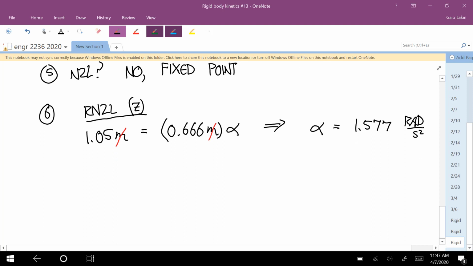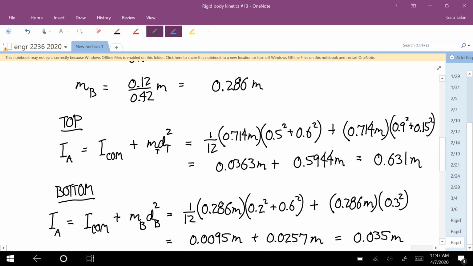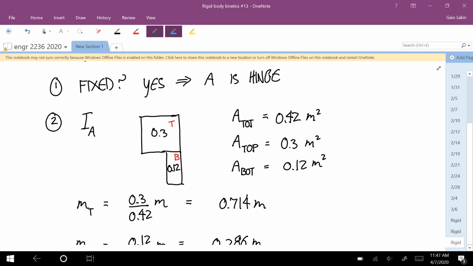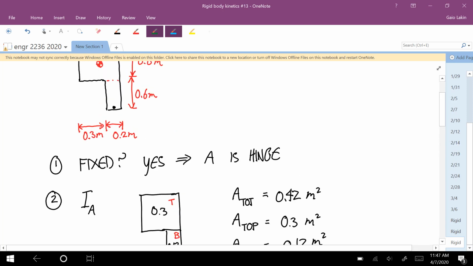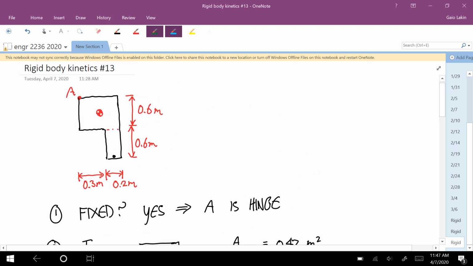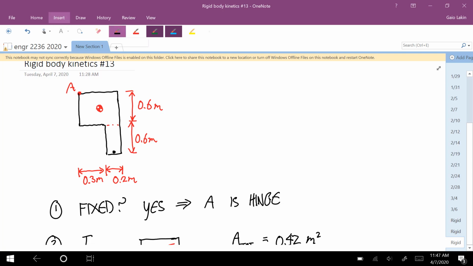We figured out now this alpha vector is 0, 0, 1.577 radians per second squared. And now we want to figure out the acceleration of the point A, this point up here in the top left. Okay, it says there's no angular velocity at this instant.